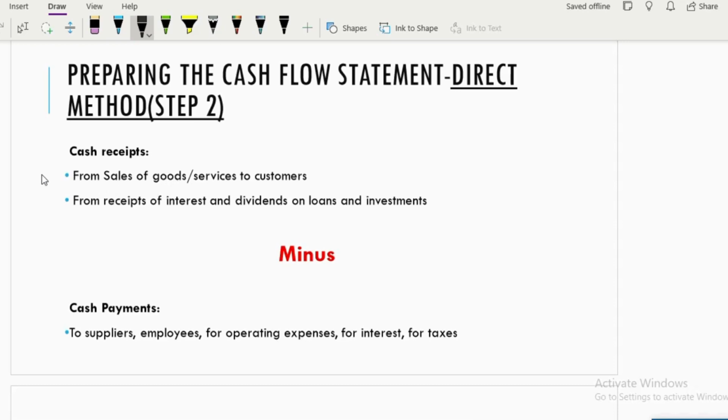I can get revenue or receipts by selling goods and services, or by interest revenue or dividend revenue on loans and investments. Then I'm going to deduct all the cash payments which I made to suppliers, to employees, for the operating expenses, for the interest and for the taxes. So let's do this calculation now.